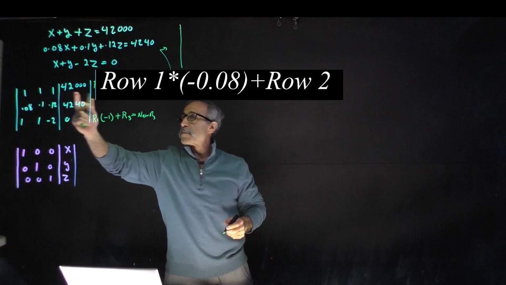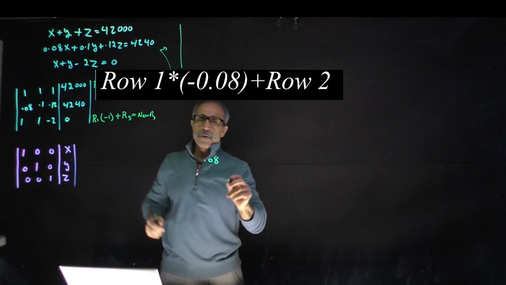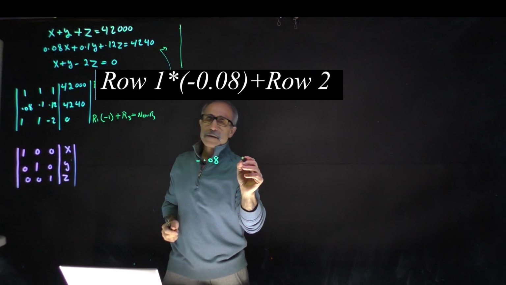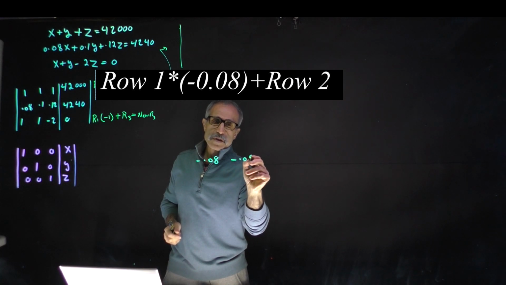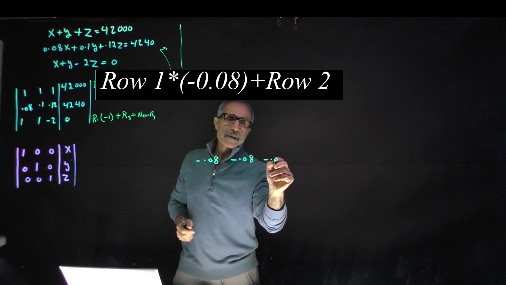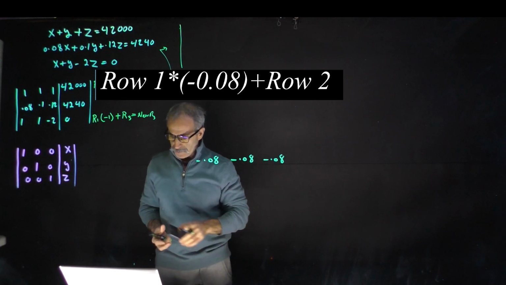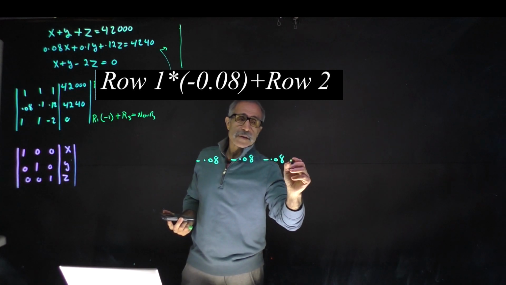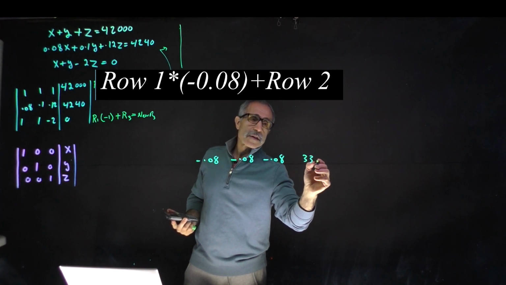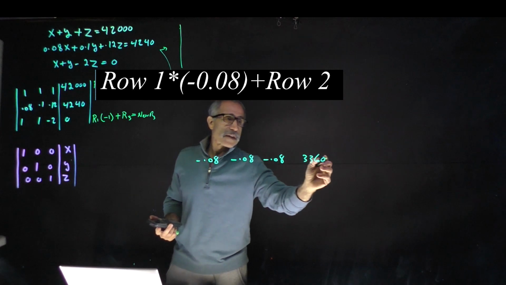So I'm going to take row 1, multiply by 0.08, that becomes negative 0.08, I'm sorry, and then it's going to be minus 0.08 in the x, and the y is going to be minus also 0.08, and then 0.08 times 42,000 comes out to 3360. So that comes out 3360.